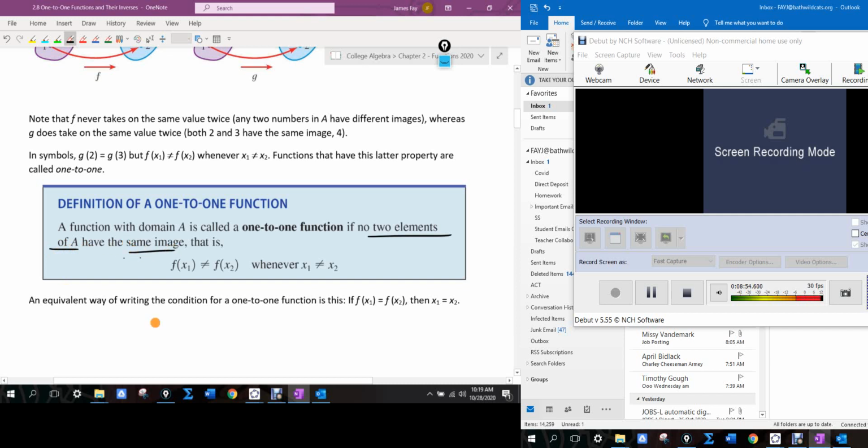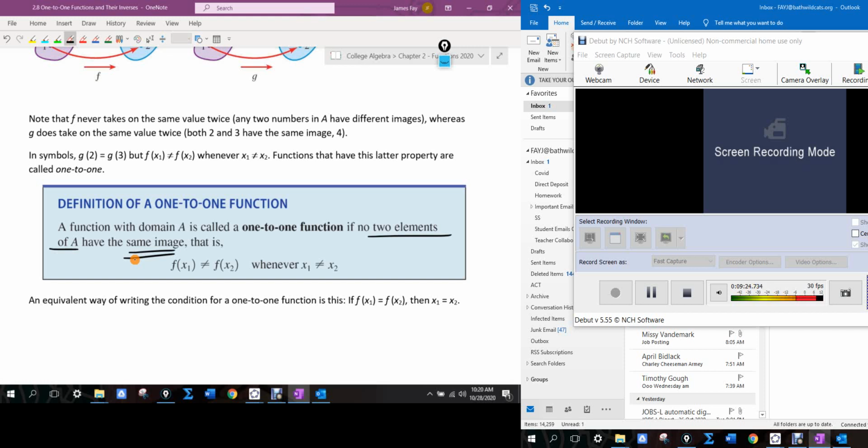have the same image. Okay, well, if we go back to talking about transformations inside geometry, we talked about images and pre-images, right? In this case, the image is referring to the y value that goes with those elements of A. That make sense? So two elements of A, that means we're talking about two x values. Their images are their y values.